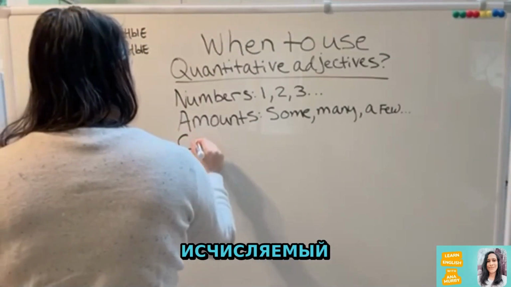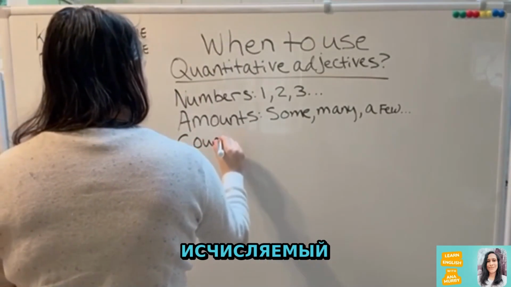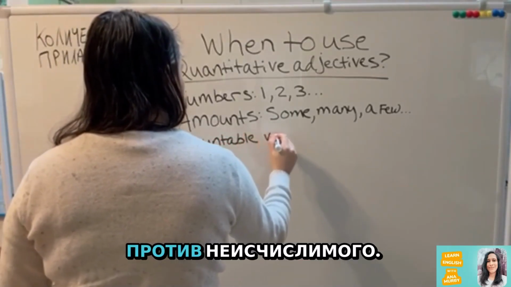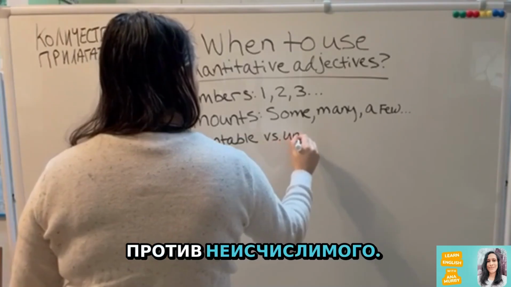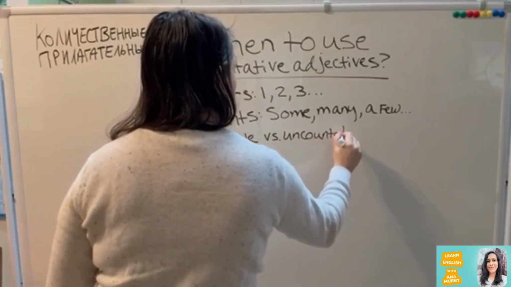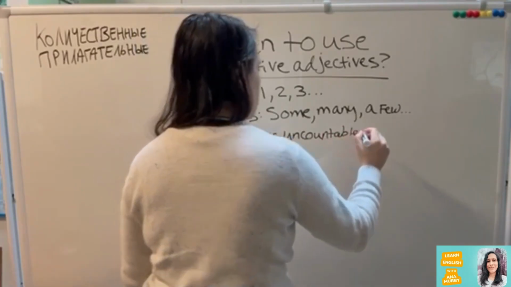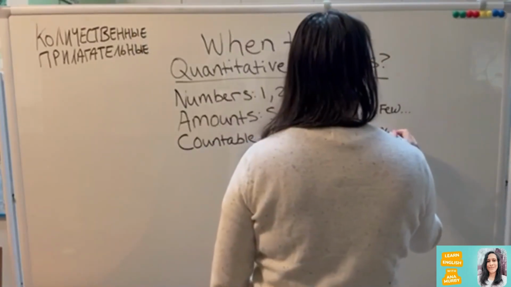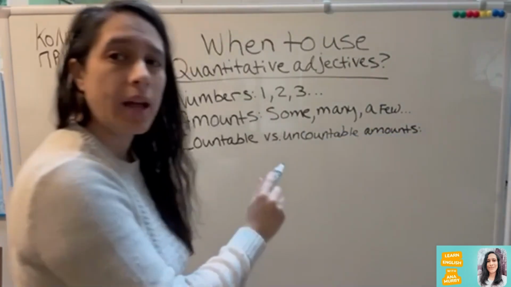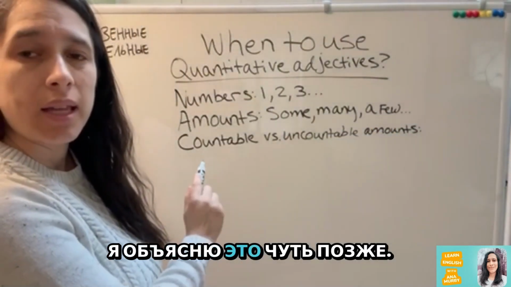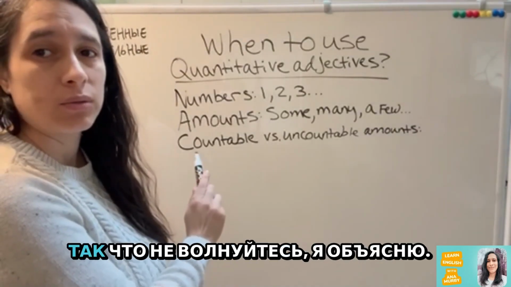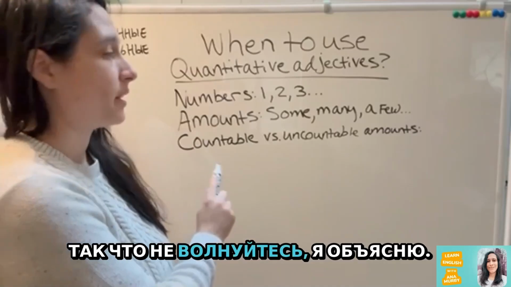Countable versus uncountable amounts. I will explain this one in a little while. It is kind of difficult, so don't worry, I will explain that.